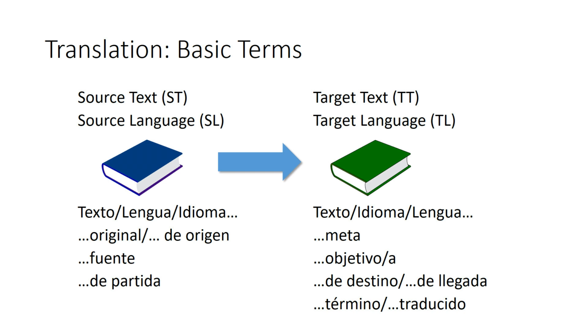For target text, target language, target culture in Spanish, it's going to be meta, objetivo, de destino. Entonces, por ejemplo, el texto meta, texto objetivo, texto término, texto traducido, or idioma meta, idioma de destino, idioma de llegada, and so forth. So these are just some basic terms. Source language, source text, target language that are used very frequently in translation.